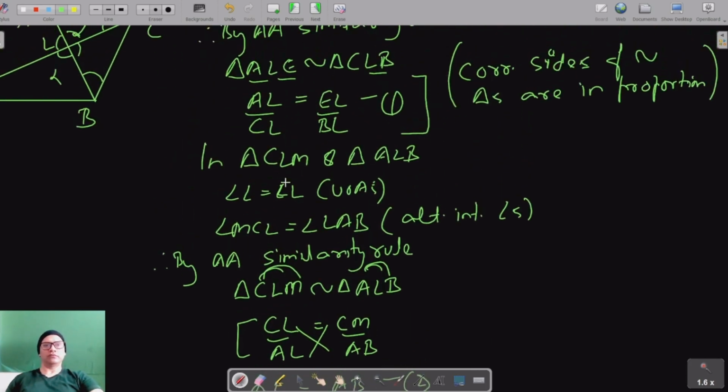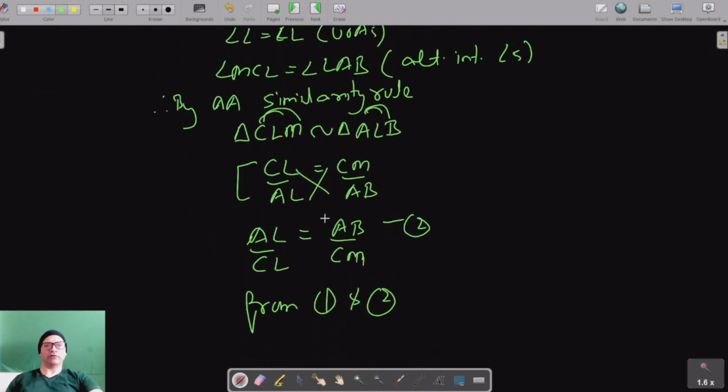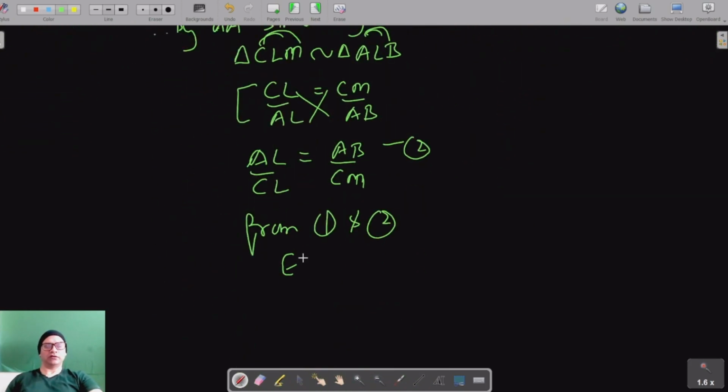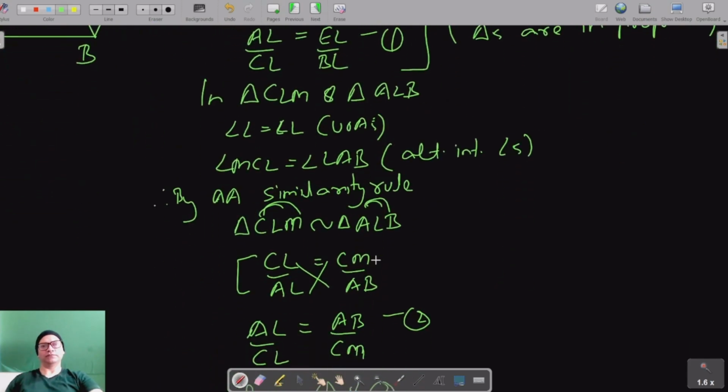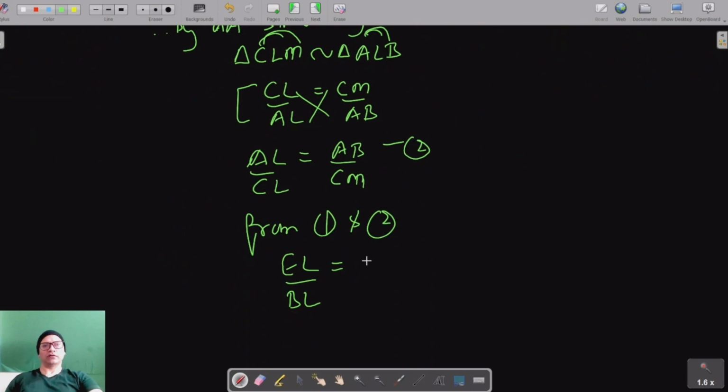from 1 and 2, this is AL by CL, so we get EL by BL is equal to AB by CM.